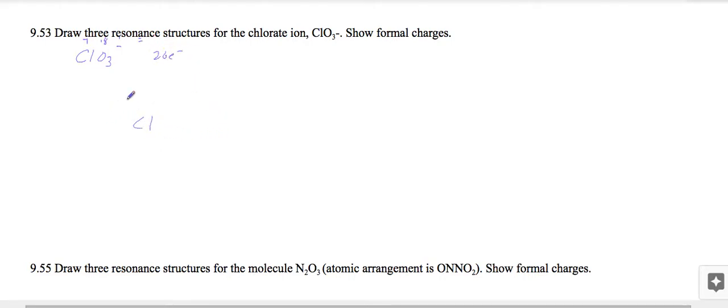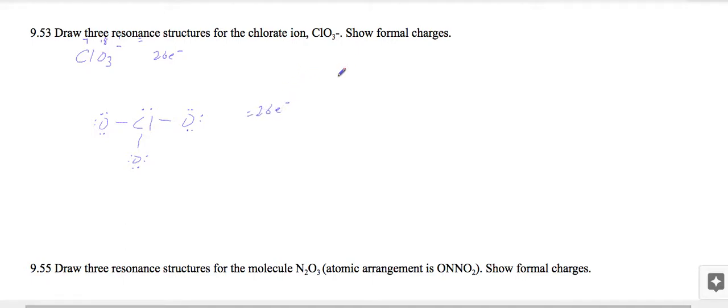Here is chlorine, single bonds here, oxygen, oxygen, oxygen. Fulfill octets, here's 1, 2. If we count all of this up, there's 8, 8, 8, and then there is 2 more there, so that does get us our 26 valence electrons.